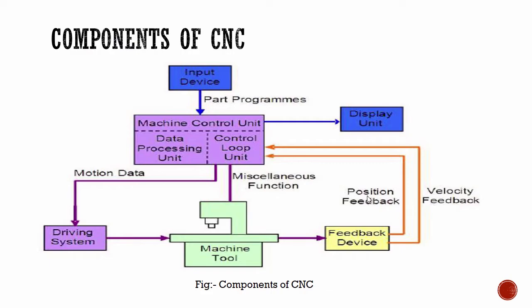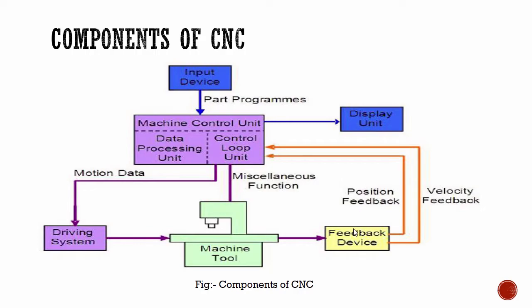The position and velocity of the tool and workpiece relative to each other is given in the form of feedback to the machine control unit, right?